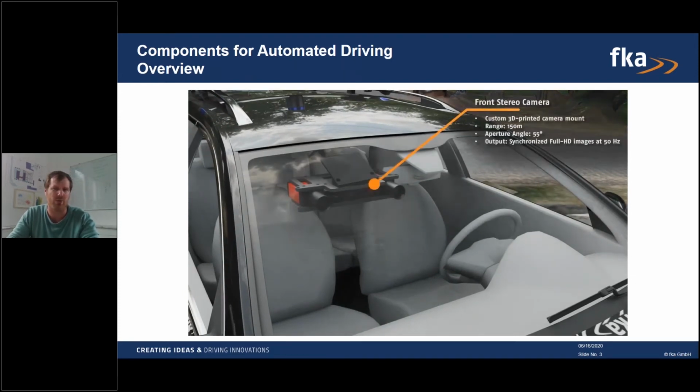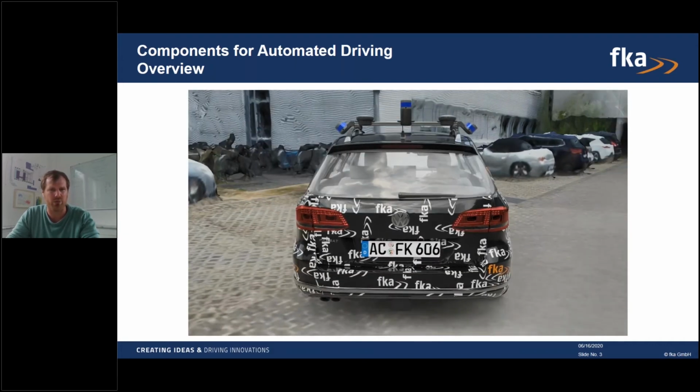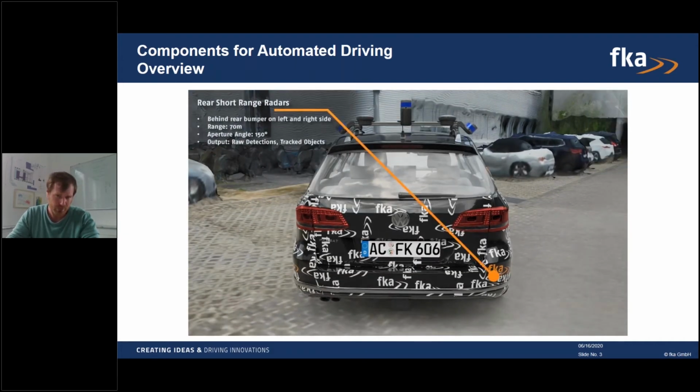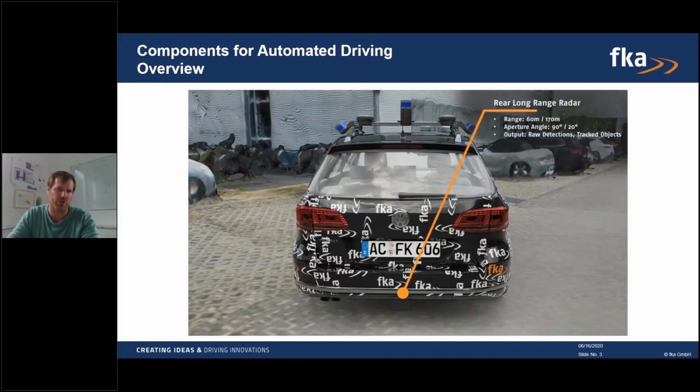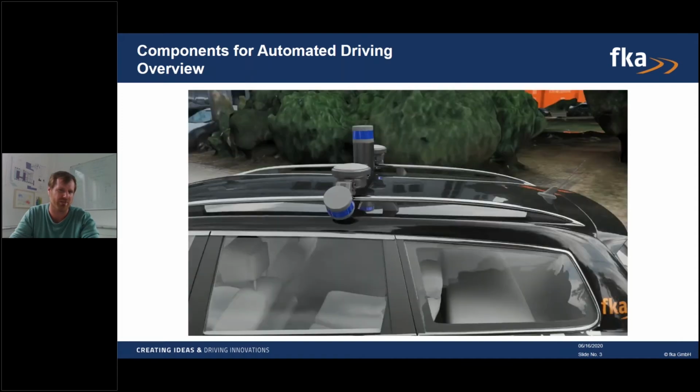We have a stereo camera system in the front, and we also want to look at the rear-facing traffic, so we do the same in the back and make sure we don't miss somebody when we do a lane change, for example. That is the hardware stack you would find on a standard vehicle for ADAS functions.